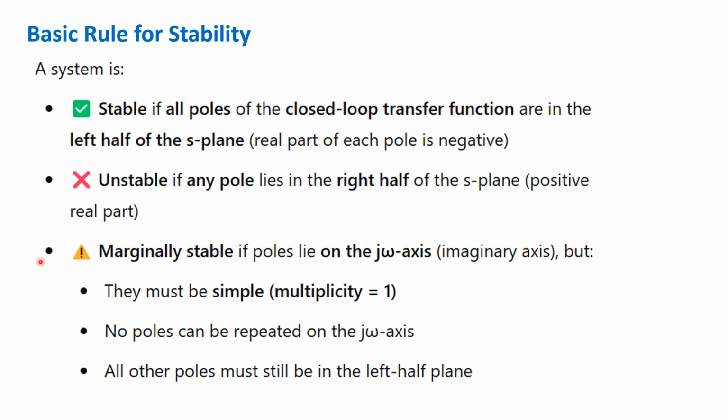A system is marginally stable if poles lie on the j omega axis, the imaginary axis, but they must be simple. That's a multiplicity of 1. No poles can be repeated on the j omega axis, and all other poles must still be in the left half plane. So this is defined as a marginally stable system if it has these extra conditions.